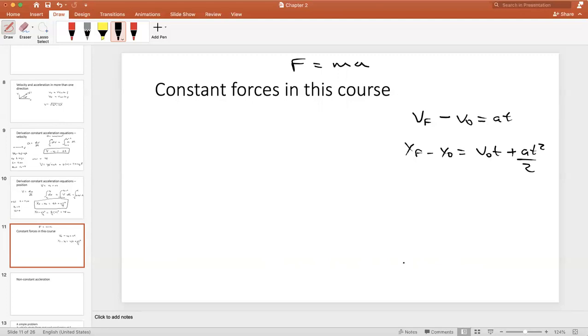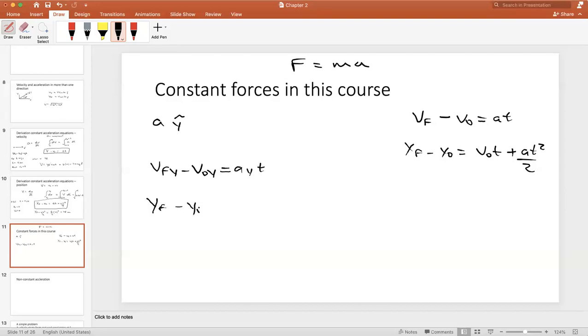And so these equations apply whenever you have a constant acceleration. They also apply in the x, in the y, in the z. So if you have a constant acceleration in the x, you have these equations. If a were actually in the y hat direction, then you'd have v final of y minus v initial of y is equal to ay times t.